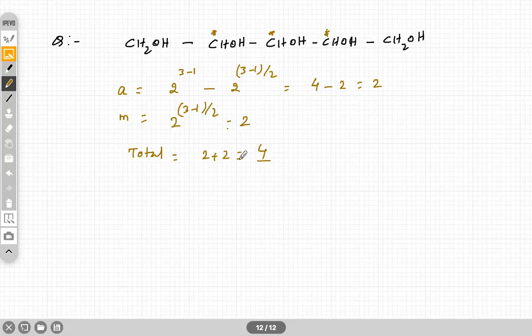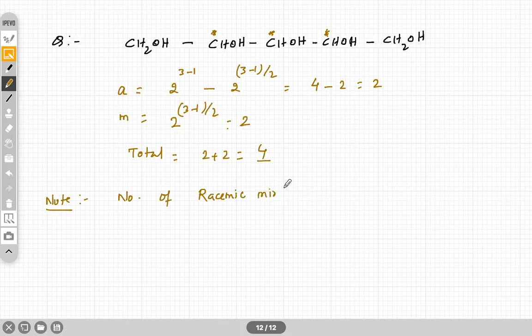One more thing is very important here. If they ask you the number of racemic mixture that you get in this compound, number of racemic mixture, tell me.